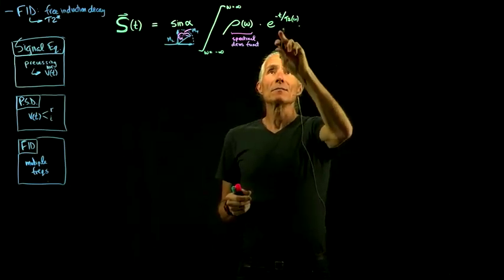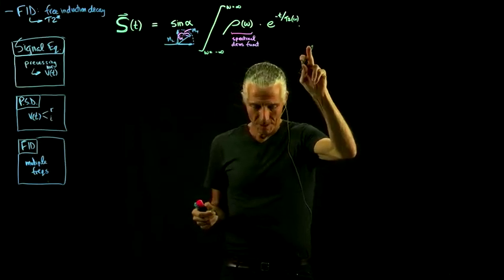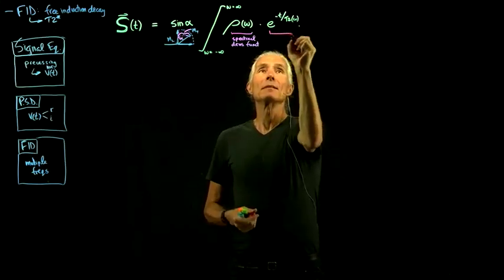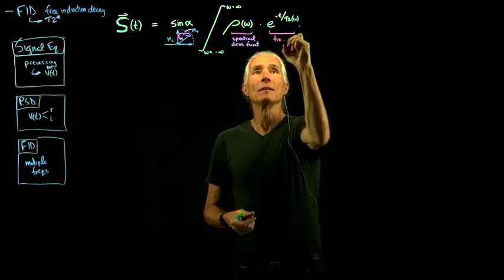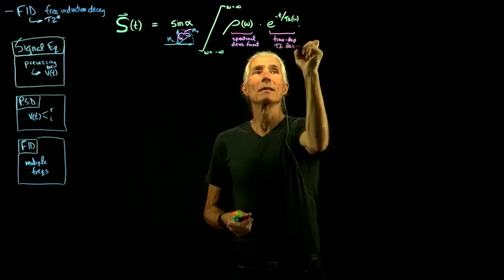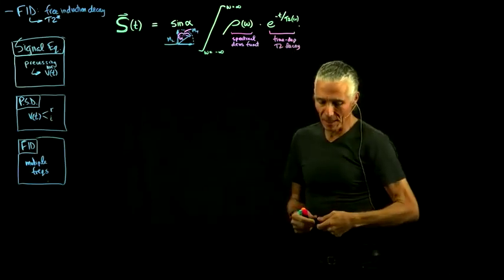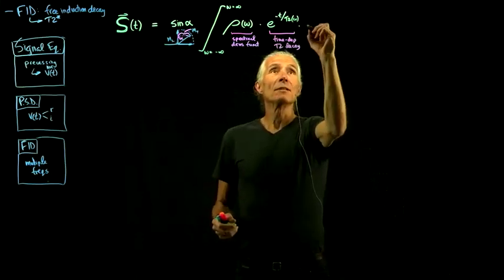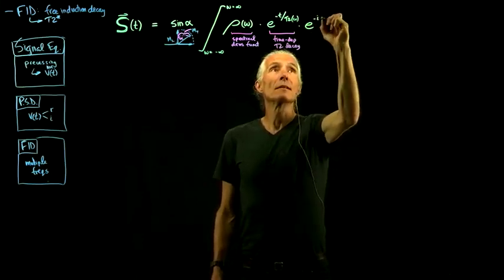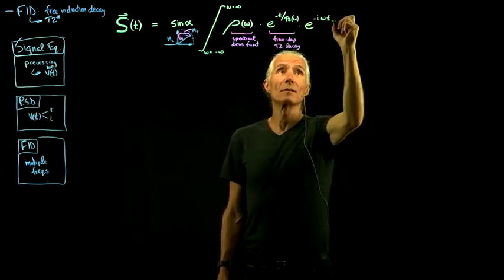And then that guy was the decay, starts at 1, falls off. So this is the time-dependent T2 decay. And then we have the oscillations, and those will be different for each different frequency. So there's the frequency variable again, and then time is there too.